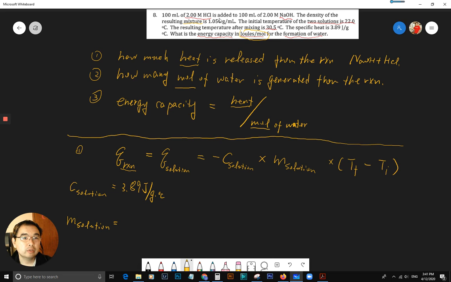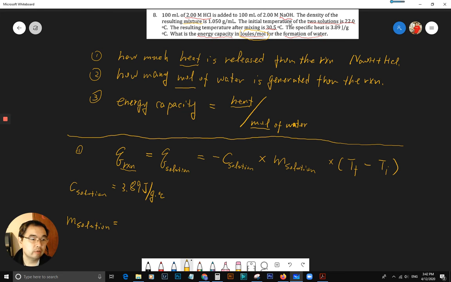This means the mass of the solution can be calculated by the density times the volume, and the volume is the sum of the volume of the HCl plus the volume of the sodium hydroxide.